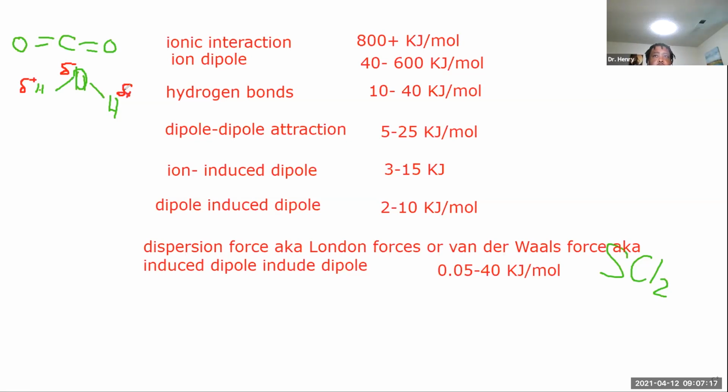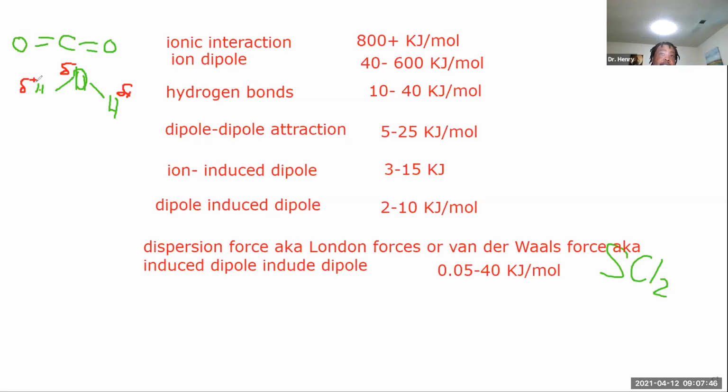If we have a dipole, and we know that this guy is non-polar, can it be induced or not? I would imagine you're going to make it happen. Okay, yeah. So that's what's happening here. Between water and carbon dioxide, we have what we call a dipole-induced dipole, right?